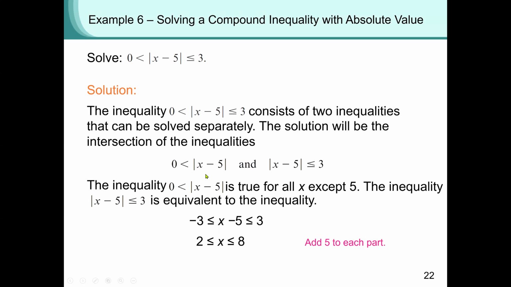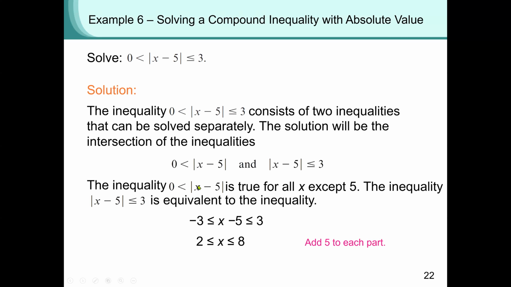Then what we have to do is apply our condition. Here we say that the inequality absolute value of s minus 5 greater than 0 is true for all s except 5, because if it's 5, 0 greater than 0 is false.